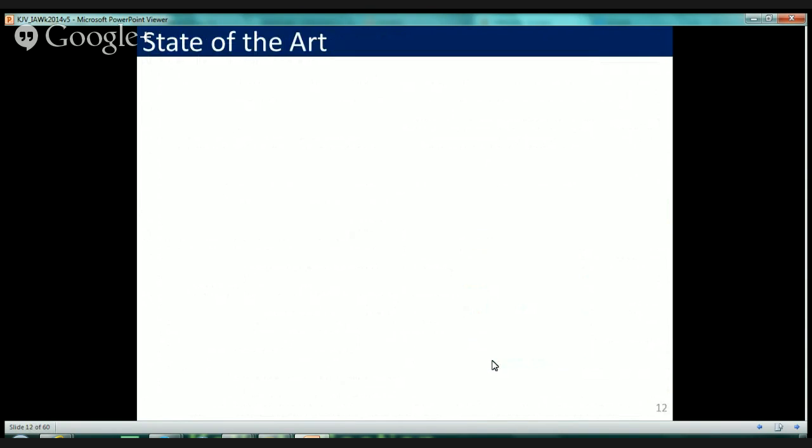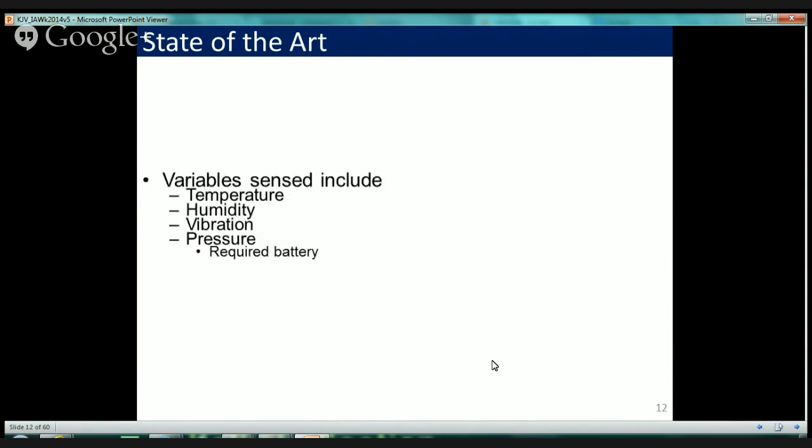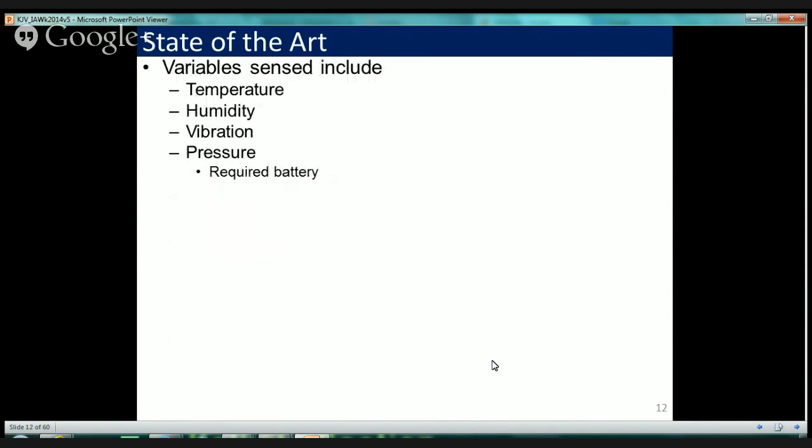So if you look at the state of the art in this particular domain, there are several different variables being sensed, which includes most of the environmental variables. And these are integrated with the ICs, and sometimes these are with MEMS-based sensors. And the products that are available, on the other hand, all of them work on RF energy harvesting.